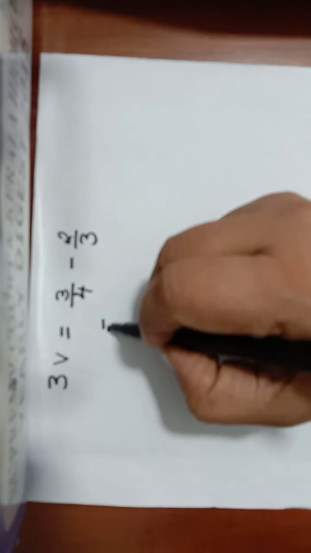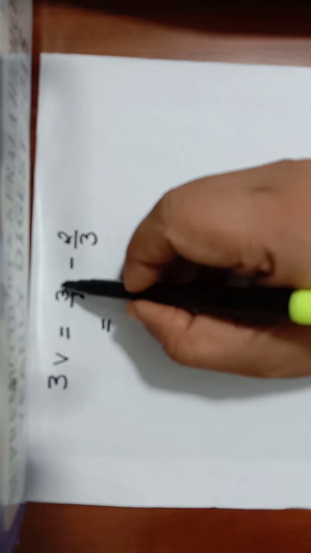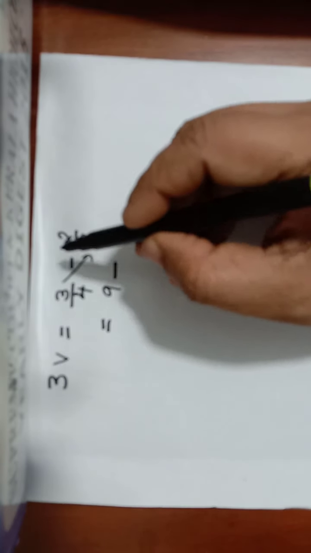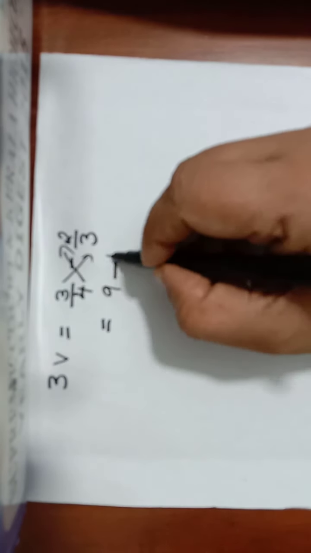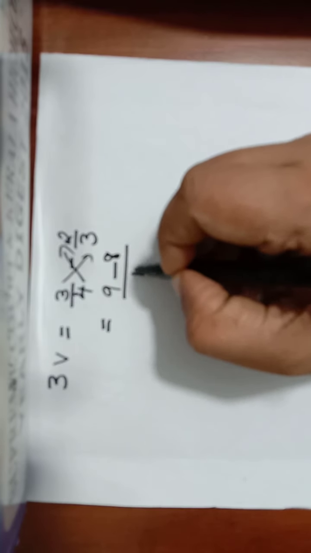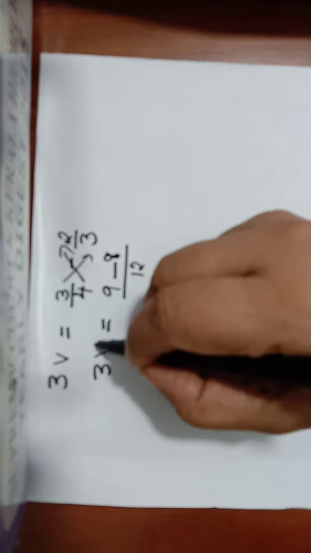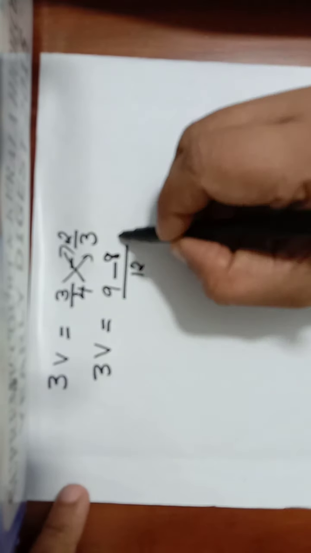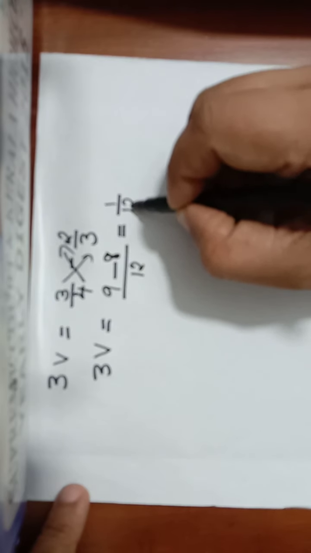Now how to simplify this? You cross multiply, simplify it. This is equal to 3 3s are 9 minus 4 2s are 8, divided by 4 3s are 12. 3v is equal to 9 minus 8 by 12. 9 minus 8 is 1 by 12.